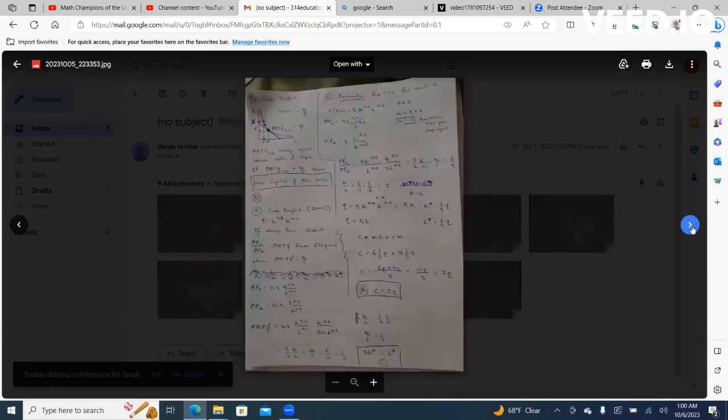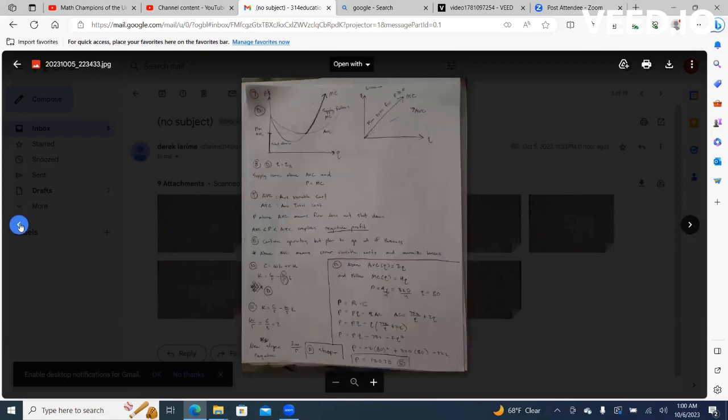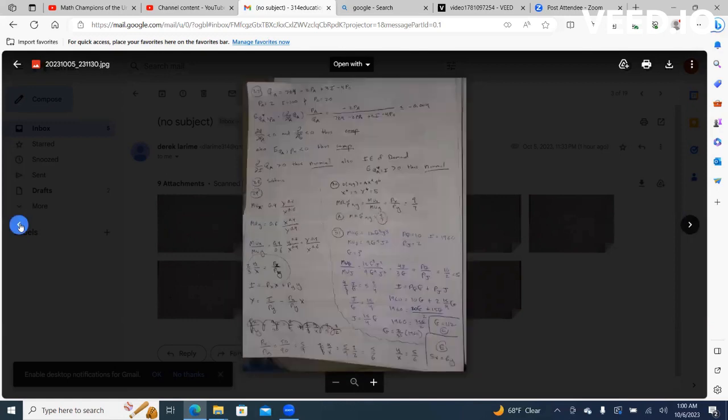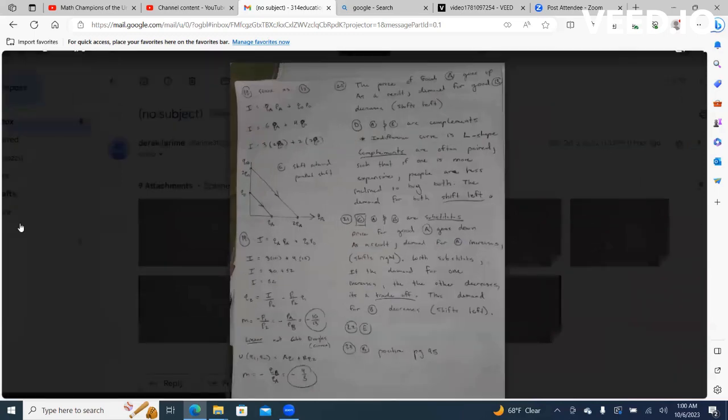Problem 17. Do we have an 18 over here? I see 18 to 21.